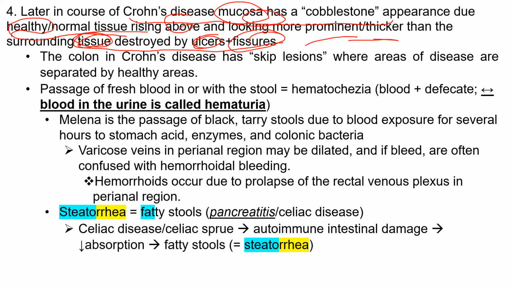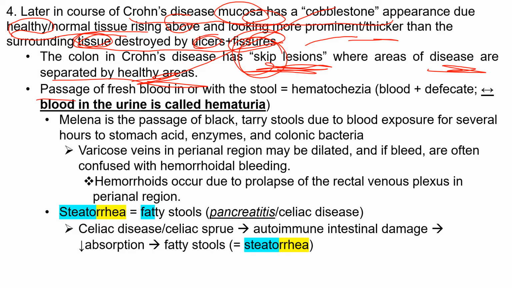Fissures are deep penetrating traumas that go through the whole wall. In Crohn's disease, we have damage to mucosa, submucosa, the muscularis, and the serosa. The colon in Crohn's disease therefore has skip lesions. So areas of disease are separated by healthy areas. Those healthy areas are the cobblestones.